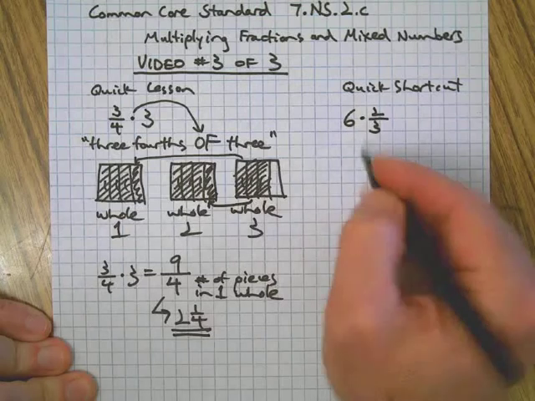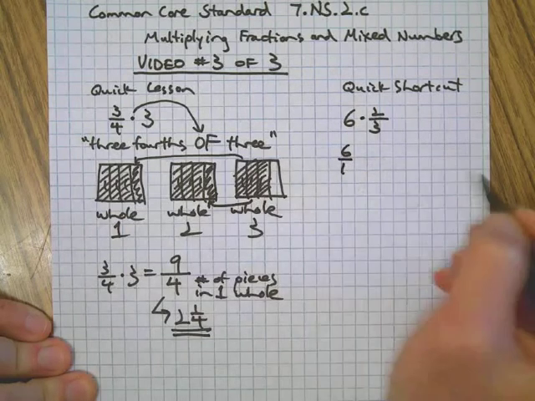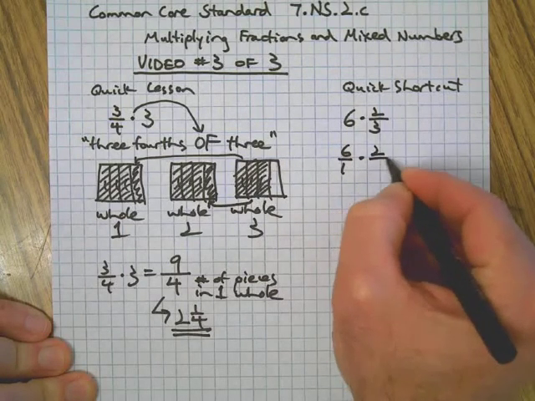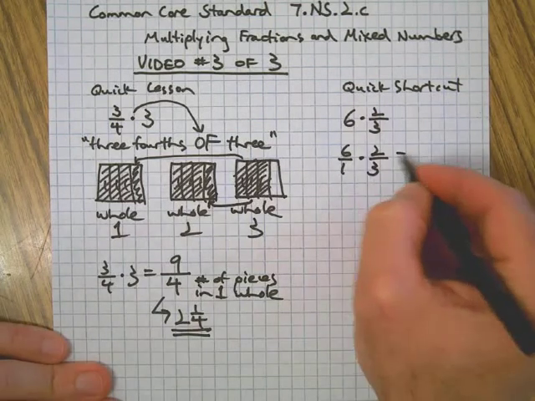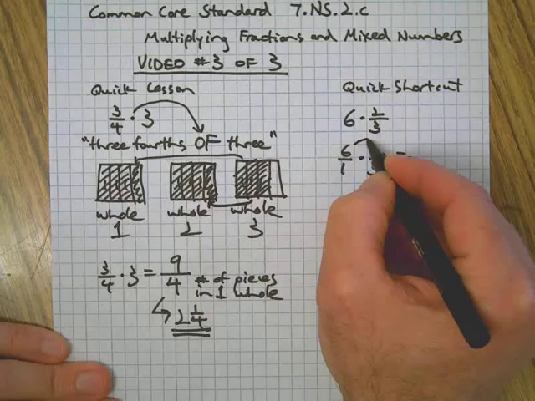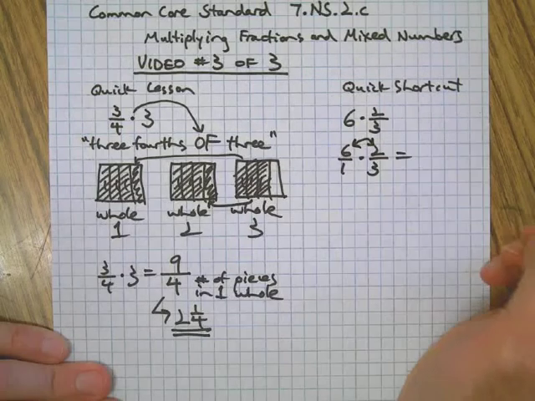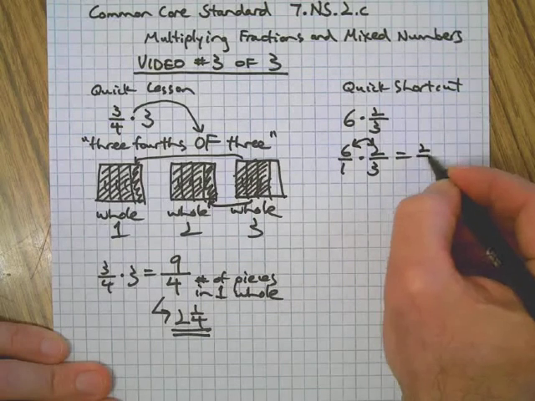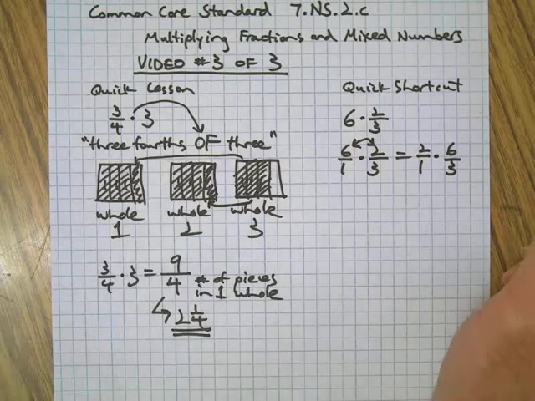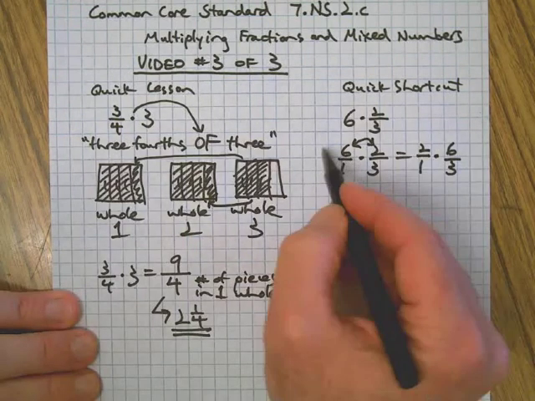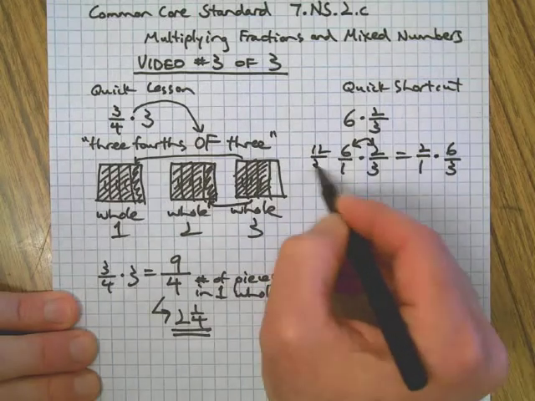6, when you have a whole number, it's the same as having a denominator of 1. And then this is also the same. If we switch the denominators around, giving us 2 over 1 times 6 over 3, this would give us the same answer, right? Because 6 times 2 is 12, 3 times 1 is 3.